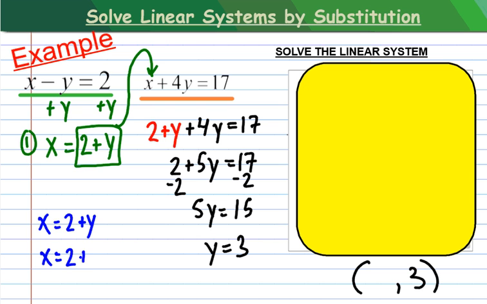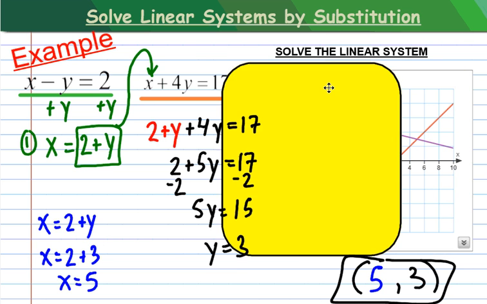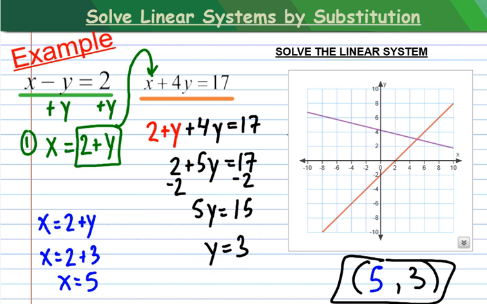So x equals 2 plus 3 means that those two lines should cross at 5, 3. And if I check, I will actually see that those two lines do indeed cross at 5, 3. There you go. So there's one where it has all 3 steps.